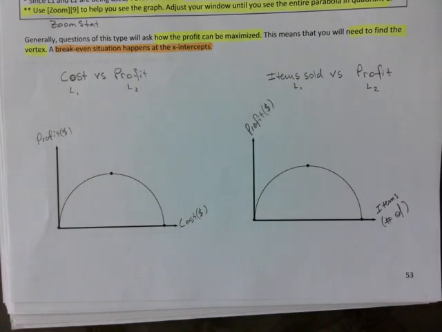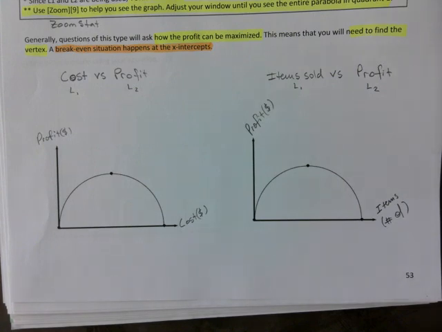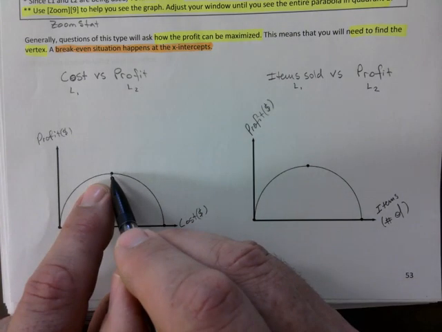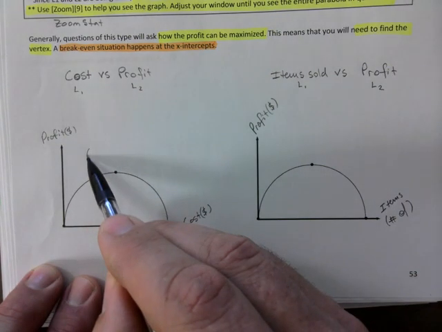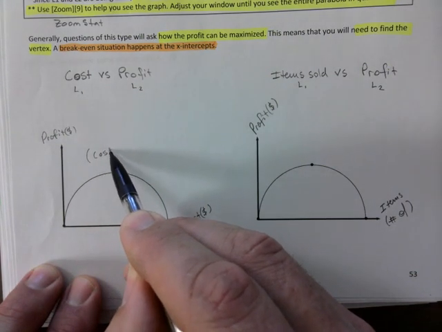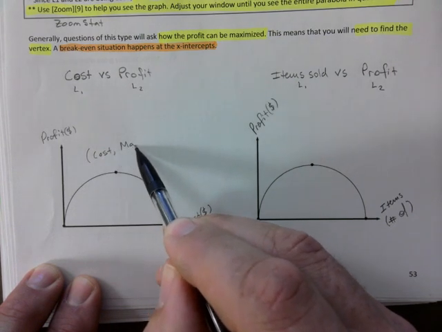So not dollars on both axes. There's number of, and there's profit is always in money, right? Dollar amounts. And so in this case, when you find the vertex here, in this scenario here, it is actually the cost, right, that will result in the maximum profit.